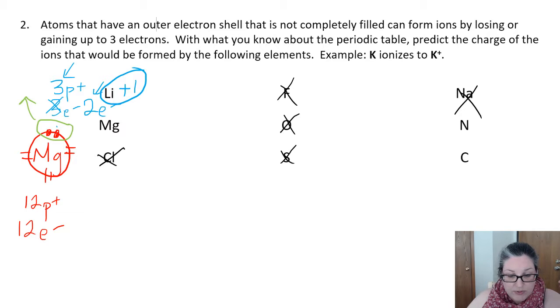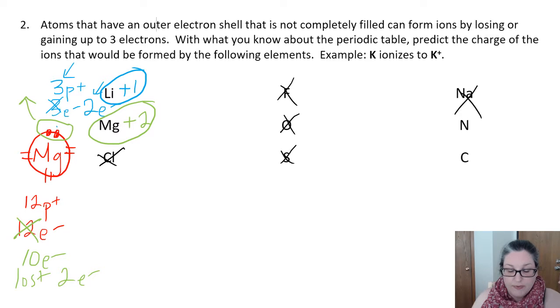And if it got rid of 2 electrons, that means it has 10 electrons. So 12 plus and 10 minus charges is going to give us a +2 charge, or 2 plus, I'm not picky, because we lost 2 electrons. So our charge goes up as we lose electrons. Now carbon, we said, does not ionize.